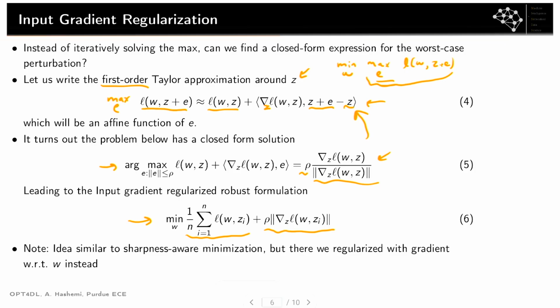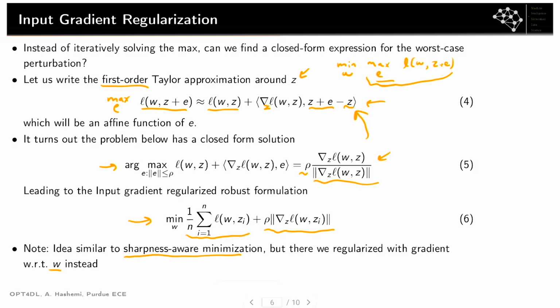This could look familiar, and in fact, it is very similar to sharpness-aware minimization that we talked about before. In sharpness-aware minimization, we were also using the norm of the gradient as a regularization, but the gradient there was with respect to the parameter, not the input data z.